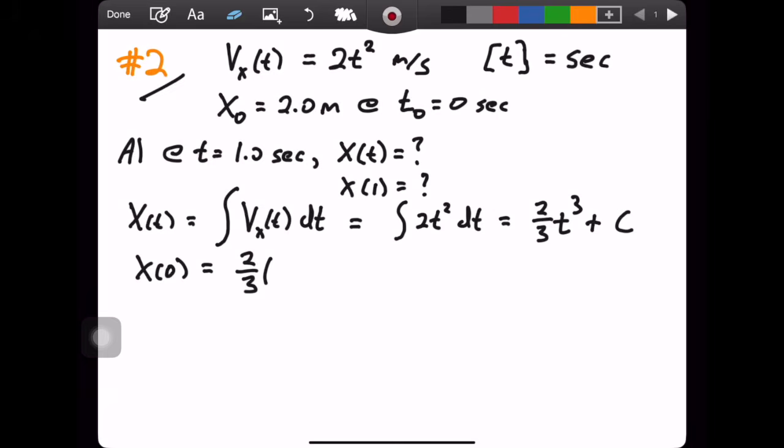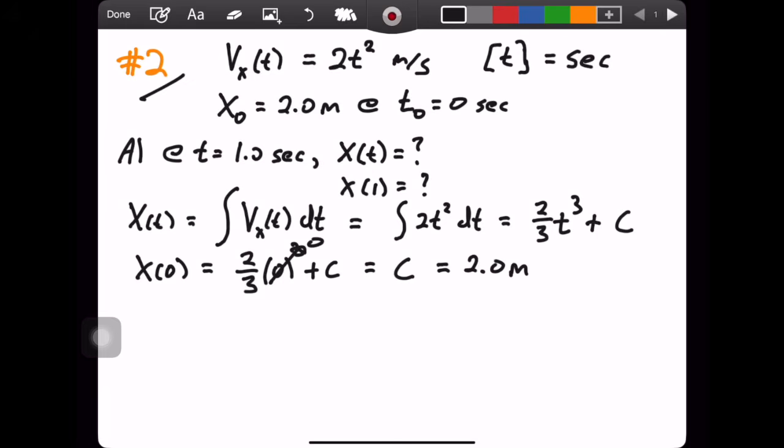So that's going to be 2/3 times 0 cubed plus c. Well, you can imagine 0 cubed is 0, and so that's just going to equal c, but we were told that x naught equals 2 at t equals 0 seconds, and so that's going to be equal to 2.0 meters.